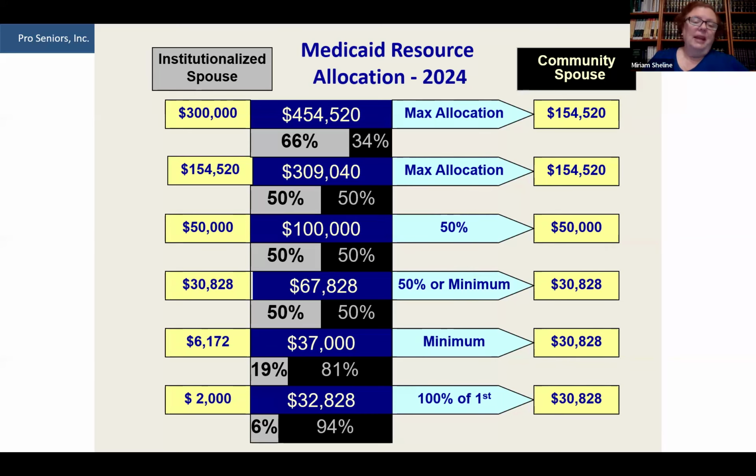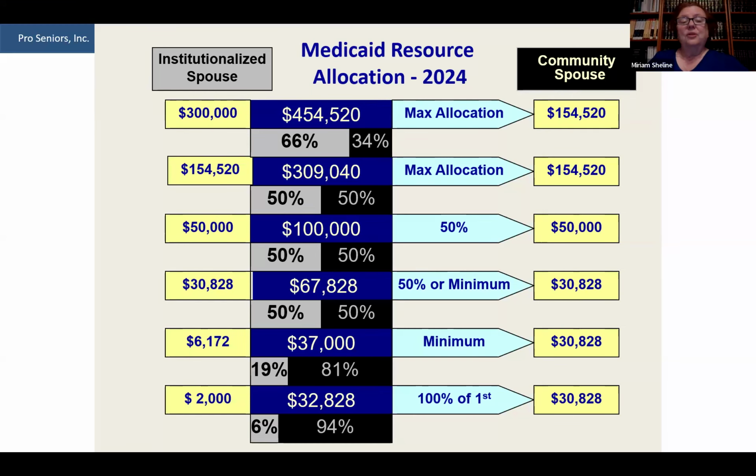What if you are paying for about a year or whatever, and there's interest accruals or increase in values? The answer is all of that is going to be on the IS's side. So the CS's number is locked in, and the rest of it has to be spent down to $2,000.